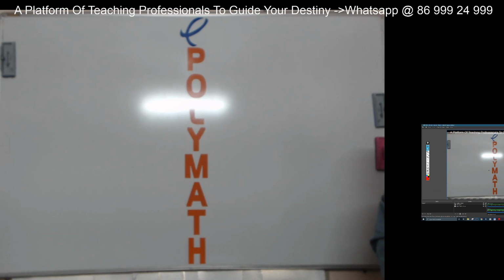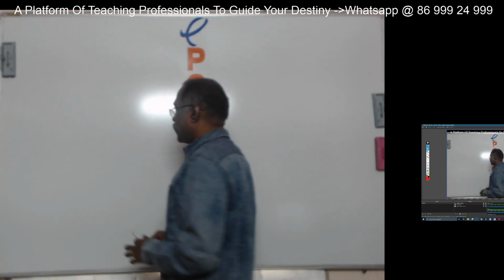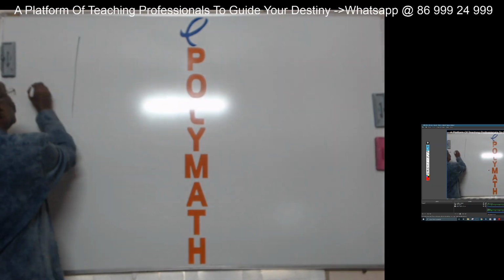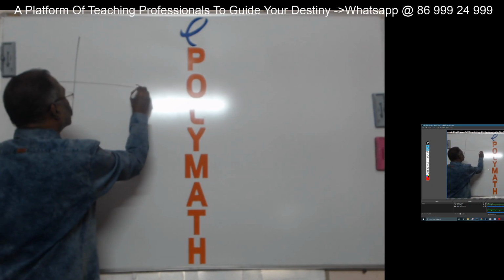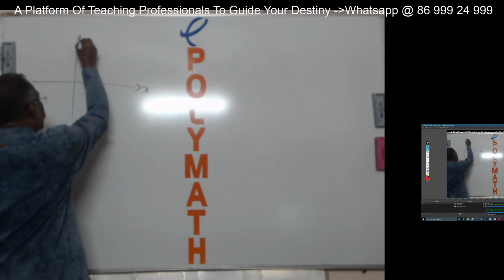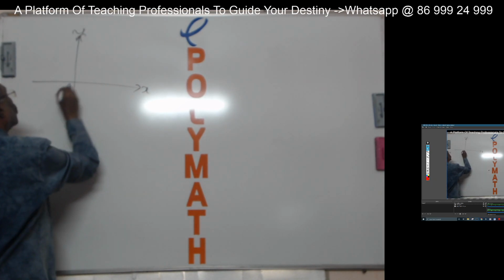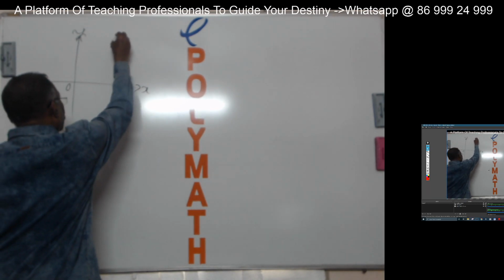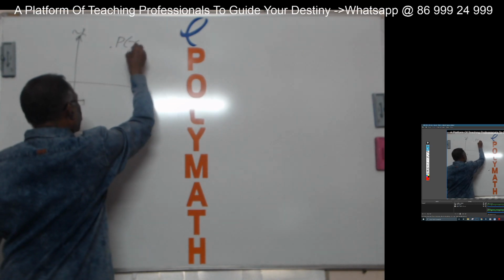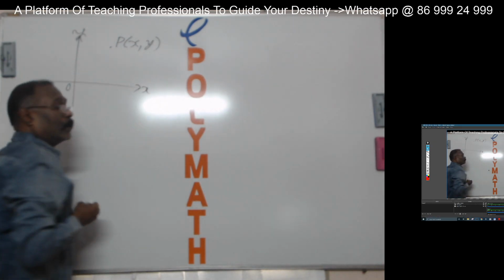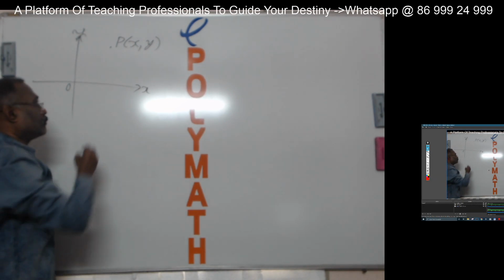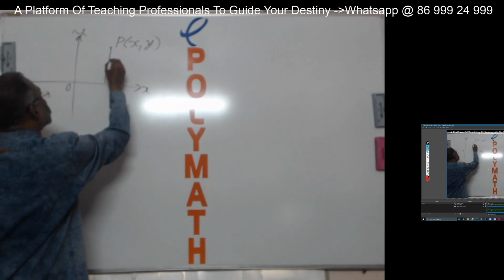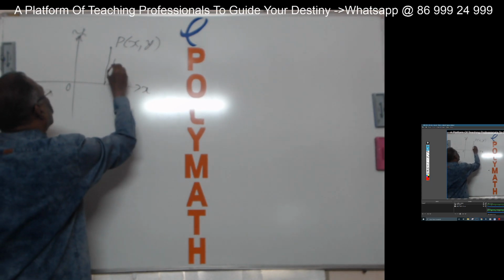From the x-axis. If you take any point, let me say this is the x-axis, y-axis, this is the horizon here. Let me take a point P(x, y). Its distance from the x-axis is nothing but modulus of y.